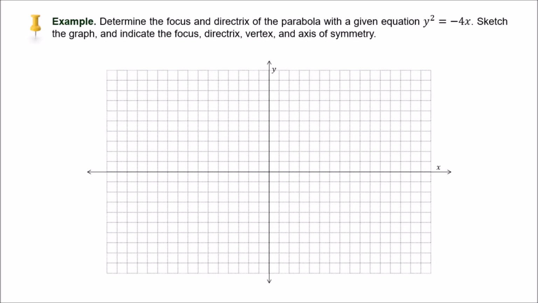Determine the focus and directrix of the parabola with the given equation y squared equals negative 4x. Sketch the graph and indicate the focus, directrix, vertex, and axis of symmetry.